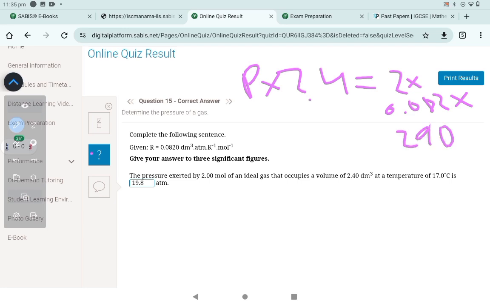So we have 2 times 0.082 times 290. We get 47.56. So 2.4P is equal to 47.56. We divide by 2.4, we get 19.81, which is 19.8.